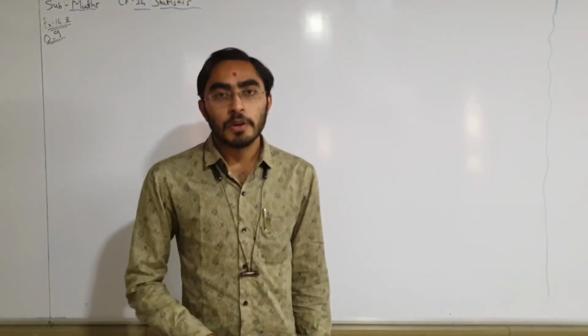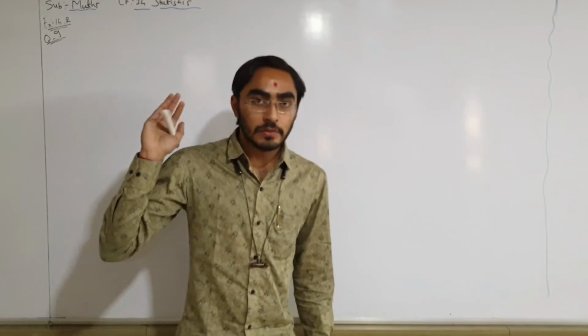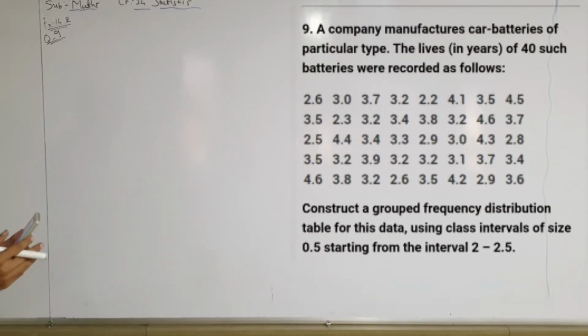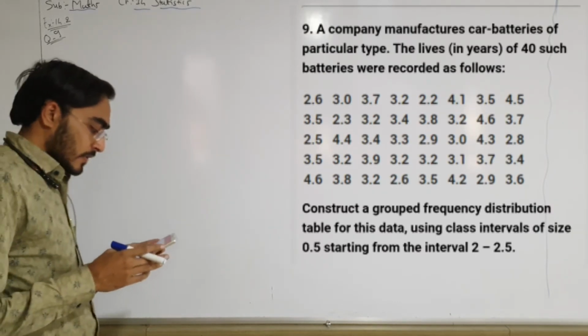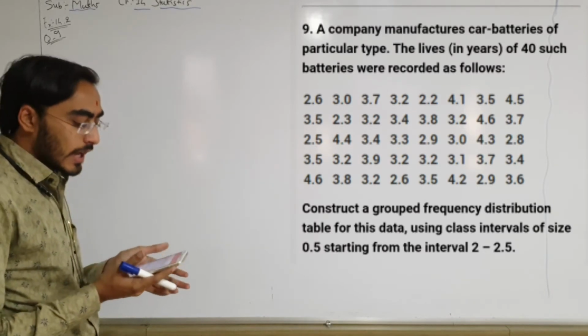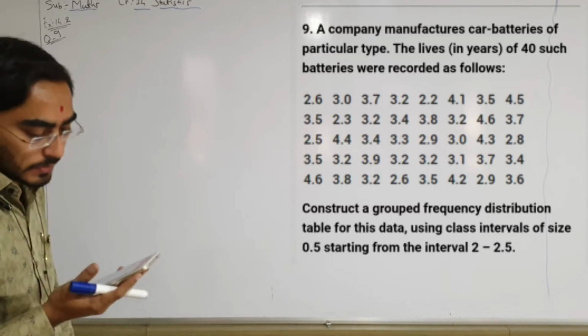Now let's move forward. Question number 9. First of all, read this question. A company manufactures car batteries of a particular type.